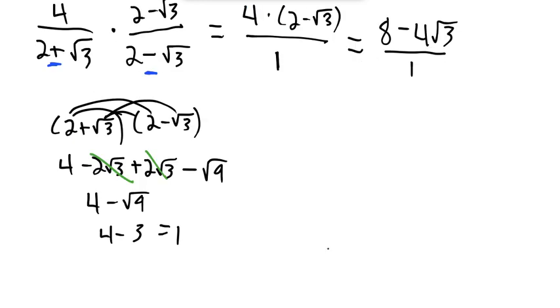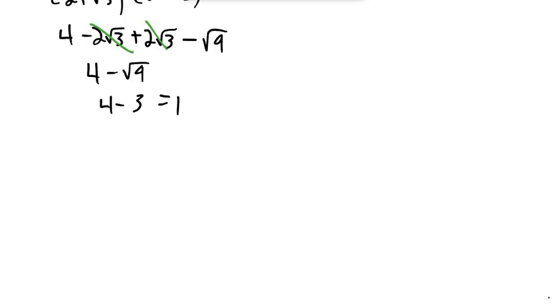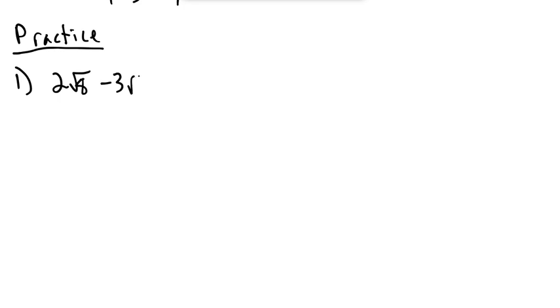That's it for today's lesson. Here are your practice problems. Let's have you practice. Let's have you tell me what 2 square root 8 minus 3 square root 2 is.